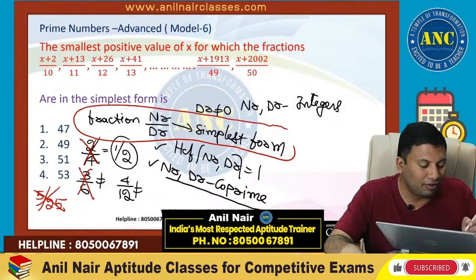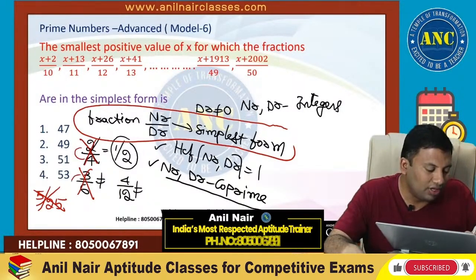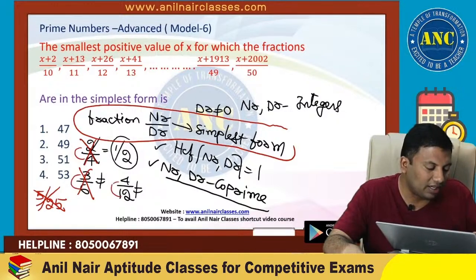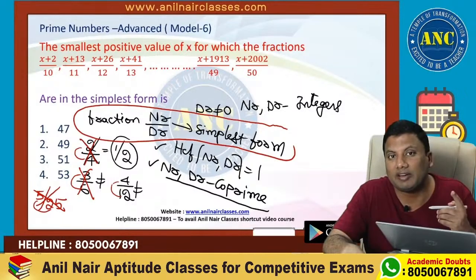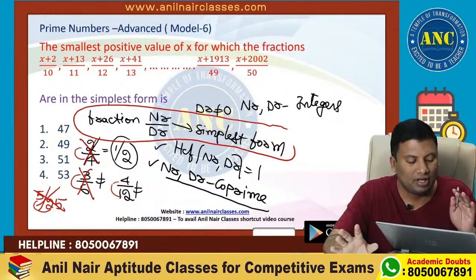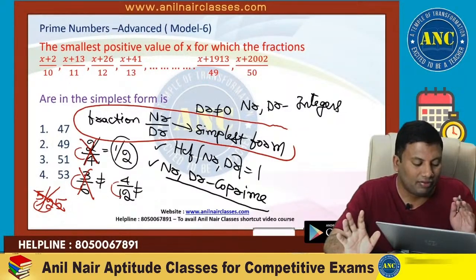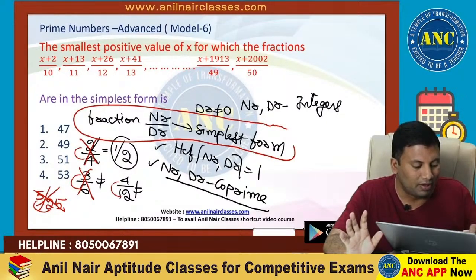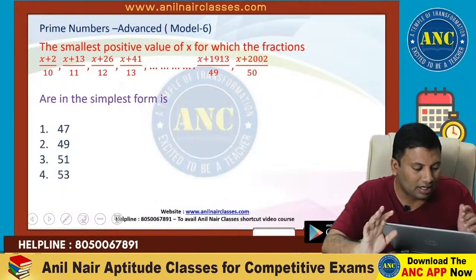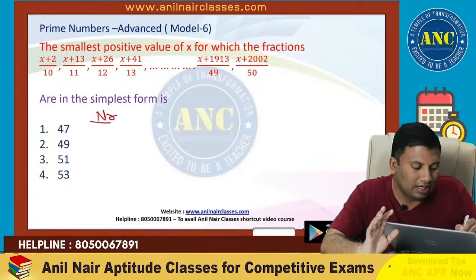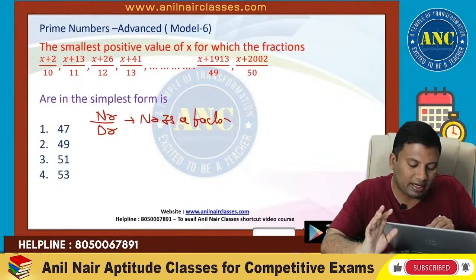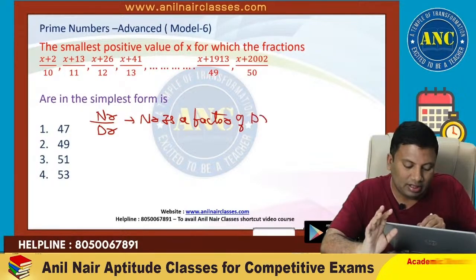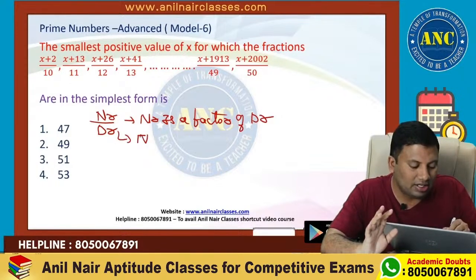Now if you observe, 2 is a factor of 4, 3 is a factor of 6, 4 is a factor of 12, 5 is a factor of 25. If the numerator is a factor of the denominator, then I am not getting the simplest form. That means if the numerator is a factor of the denominator, then this fraction is not in its simplest form.